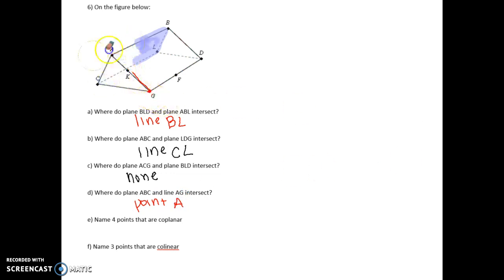The next letter says, name 4 points that are coplanar. So, coplanar, we said that it is on the same plane. What we do here is that we choose one of these planes that has 4 points on it. So, I want to use, let's see, we can use ABD. So that is a plane that has quite a couple points on it.